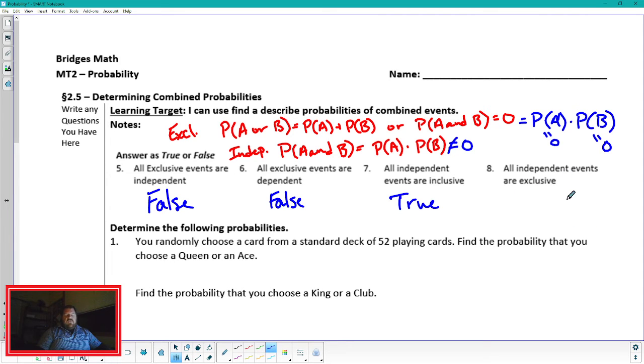The opposite is definitely not true: that independent events are exclusive, I would say, is never true. So if I was justifying these as always, sometimes, never, I would say that this one is one of those never true concepts. This is an always true. And I would classify both of these as sometimes, and maybe not even the first one.